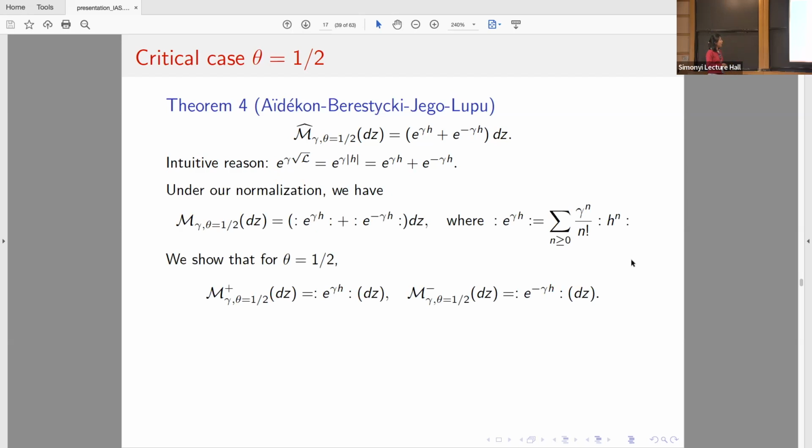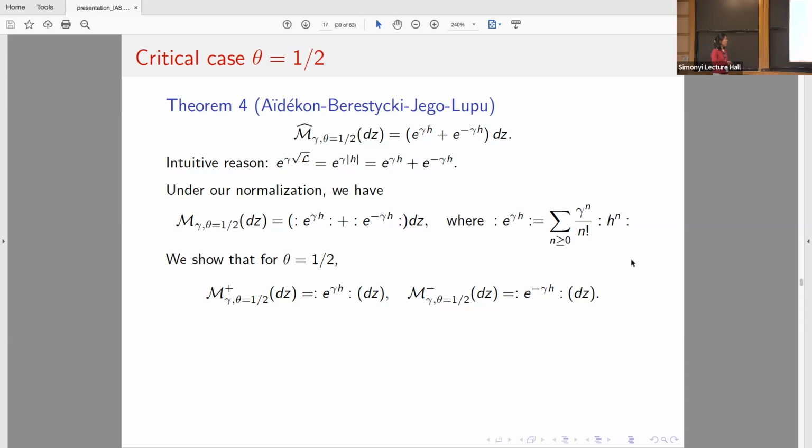In our case, at the critical intensity, what we prove in addition to this result is that you can further restrict the multiplicative chaos measure to the positive and negative clusters, and the restriction is exactly equal to e to the gamma h or e to the minus gamma h.